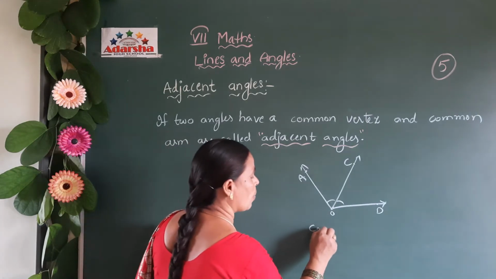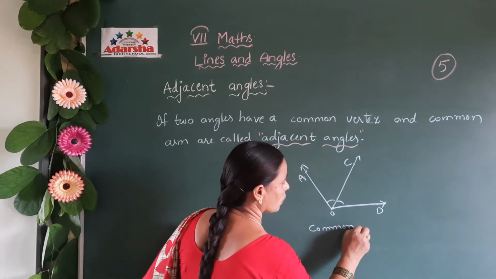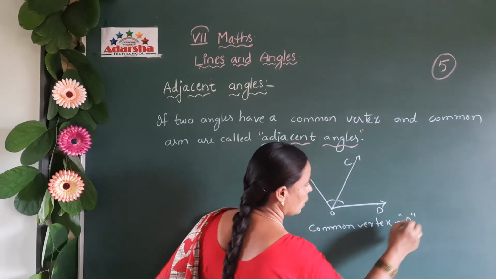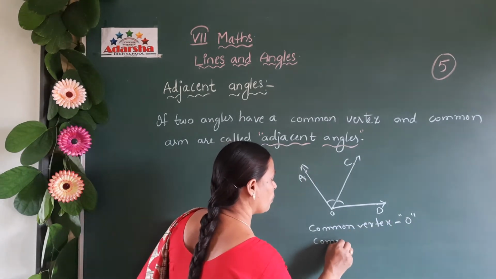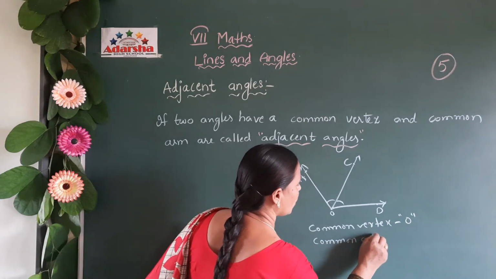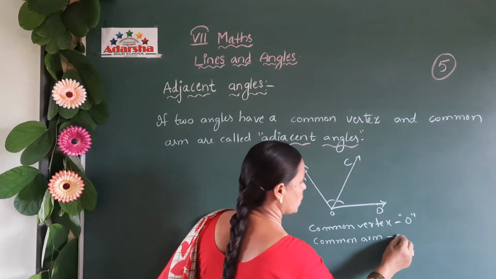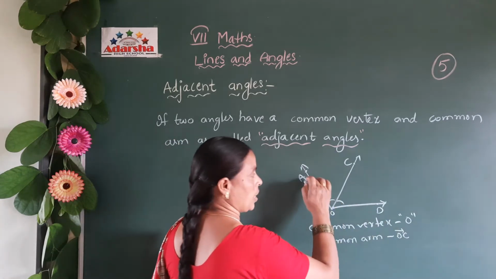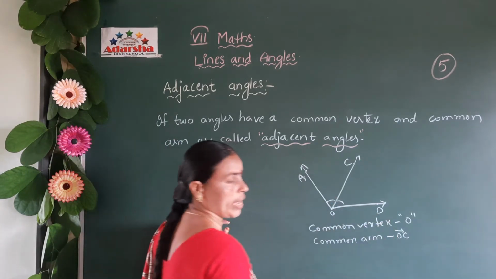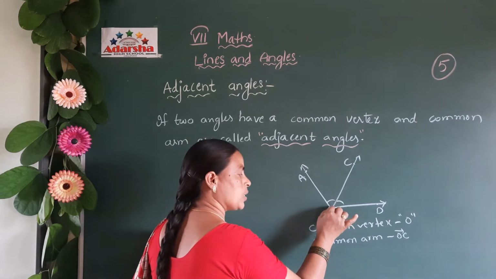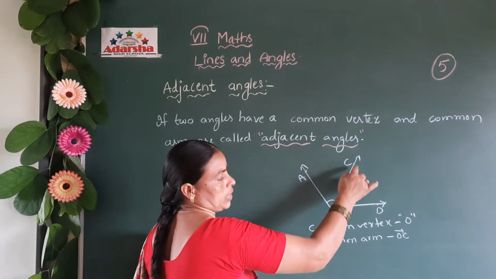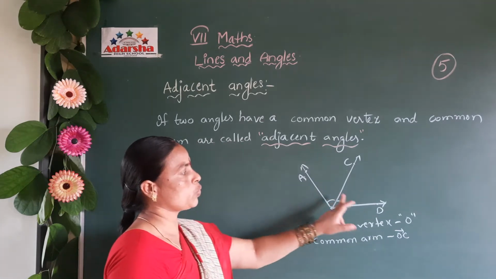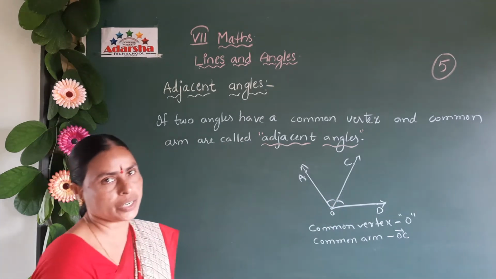Here the common vertex is O and the common arm is OC. Angle AOC and angle COD have the common vertex O and the common arm OC. So these two angles are called adjacent angles.